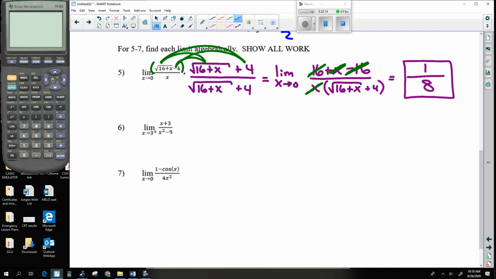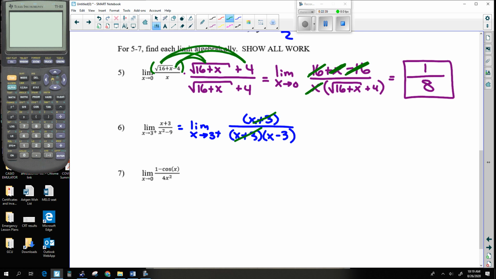All right, for number 6, I can't plug in the 3, so try to factor. So this is the limit as x goes to 3 from the positive of x plus 3 times x minus 3, all over x plus 3. So we see that the plus 3's drop.